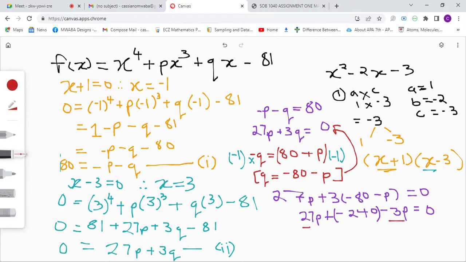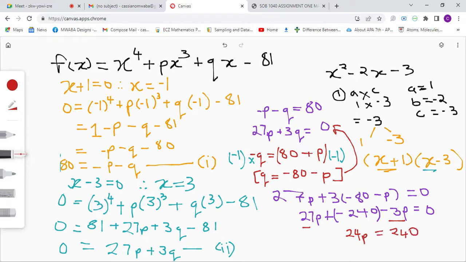So we have like terms here. We have 27P minus 3P, which gives us 24P.